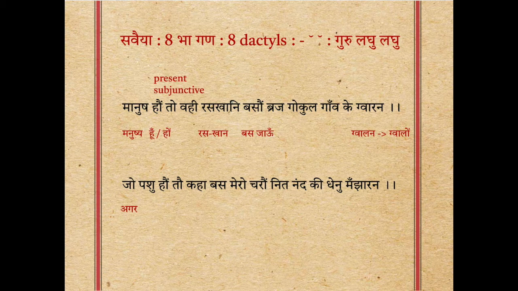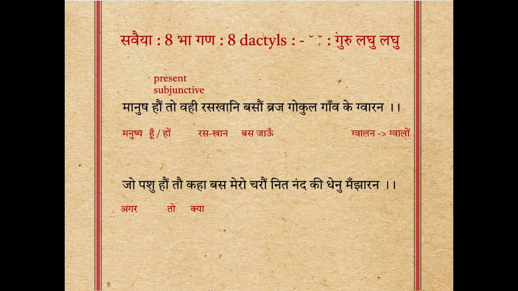So jo pashu haun, if I should be or if I shall be an animal, in other words, if I shall be reincarnated as an animal, ton is just a variant pronunciation of to. Kaha bas mero. Kaha here could mean several things, but in this context it means kya, the interrogative.